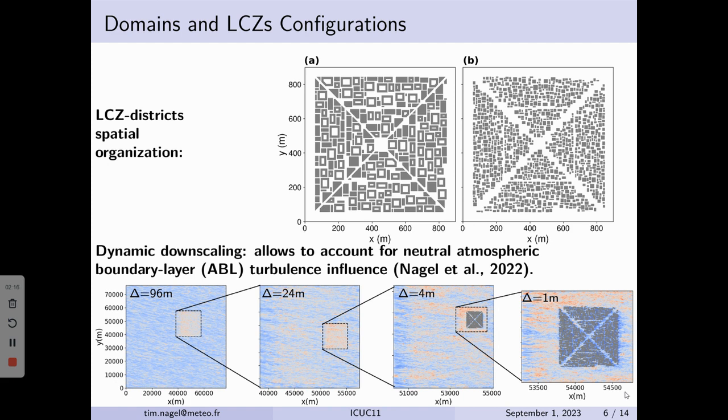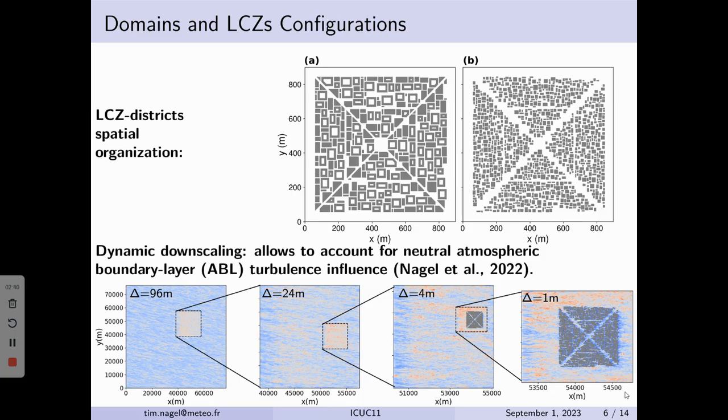Just one thing about these districts: they are about 800 by 800 meters with two major roads and a central square, so this might bias the results a bit in one direction. The simulations are all done for neutral atmospheric conditions, and they are made in a way that we have downscaling of the turbulent energy cascade.